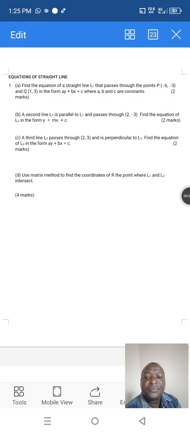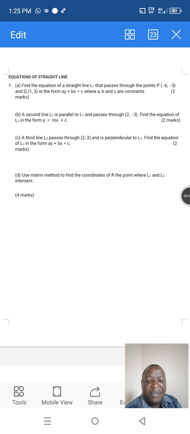Then part D, the question is asking us to use the matrix method to find the coordinates of R, the point where L1 and L2 intersect.